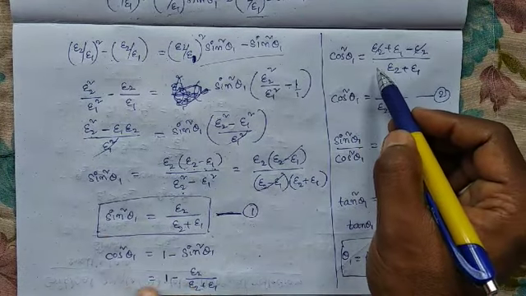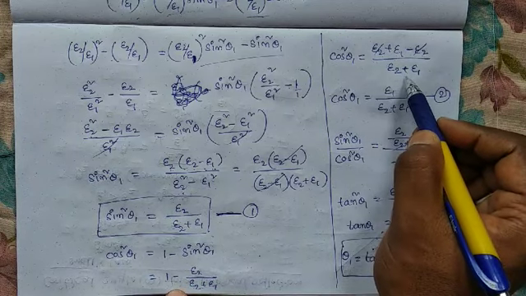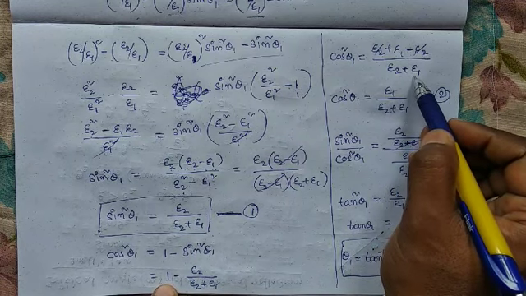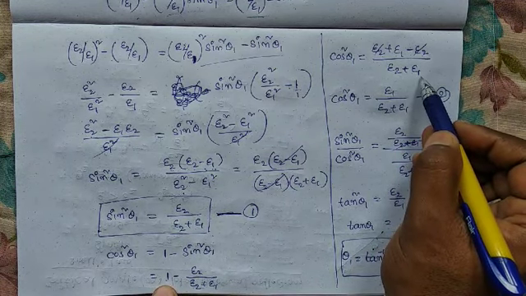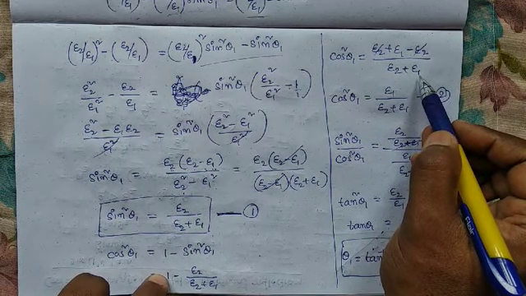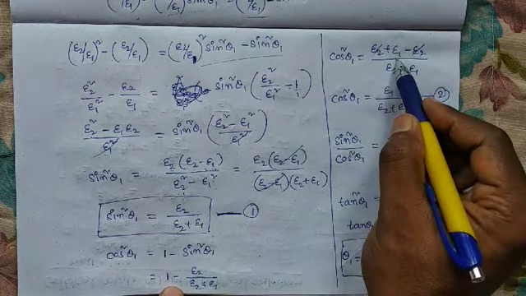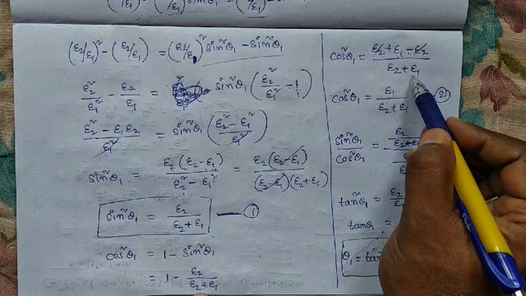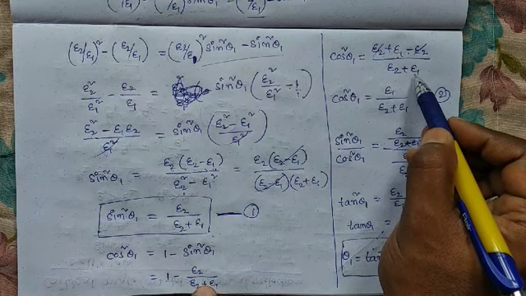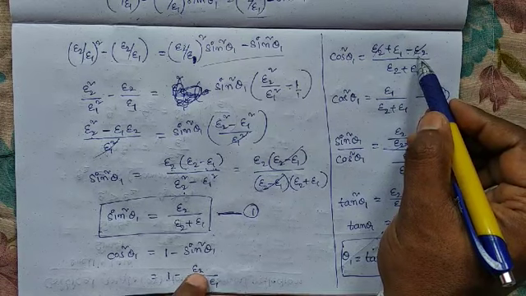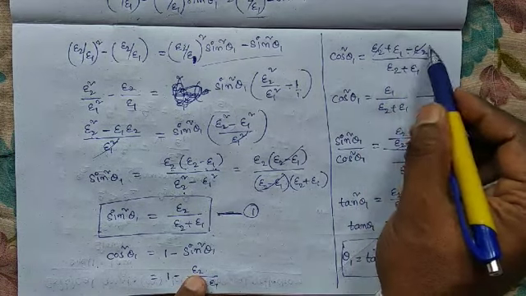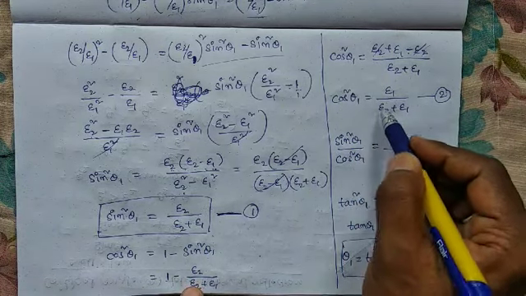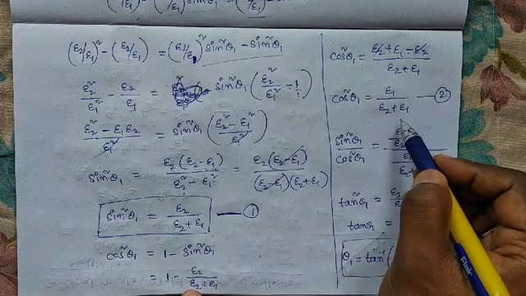Performing the LCM, which is epsilon 2 plus epsilon 1, the 1 is multiplied with the numerator term, giving epsilon 2 plus epsilon 1 minus epsilon 2, all divided by epsilon 2 plus epsilon 1. Epsilon 2 gets cancelled, so cos square theta 1 is equal to epsilon 1 by epsilon 2 plus epsilon 1.